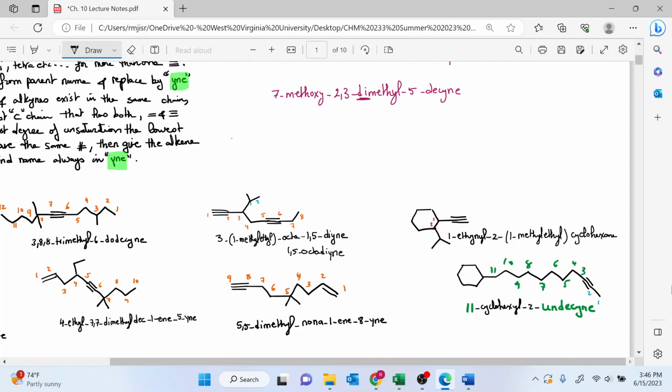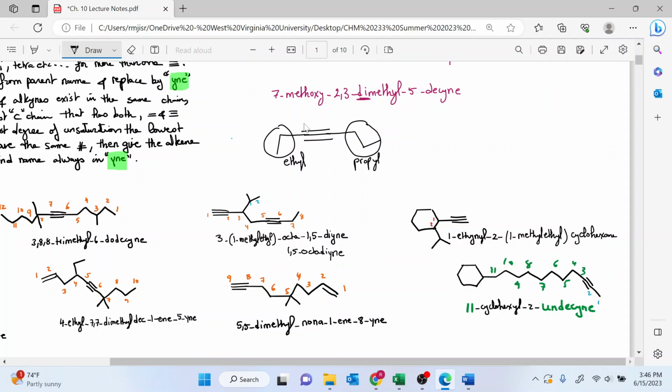cyclohexane. Alkynes are also named with a common name. So if you want to name alkynes with a common name, you name all groups that are connected to the alkyne on both ends. So here, this is going to be an ethyl. This is a propyl.